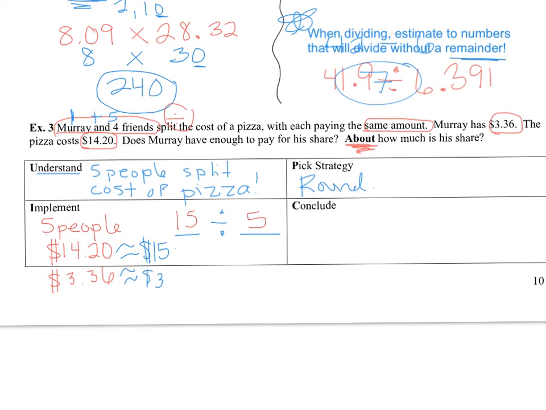So 15 divided by 5 is 3. So that means it's going to cost about $3 to buy each part of the pizza or each share of the pizza. So $3 is what we estimated Murray to have. So I'm going to say yes.